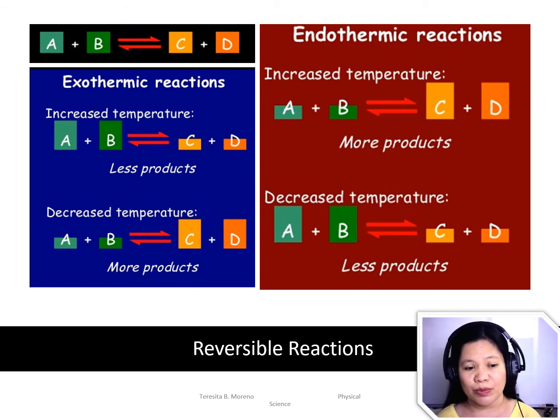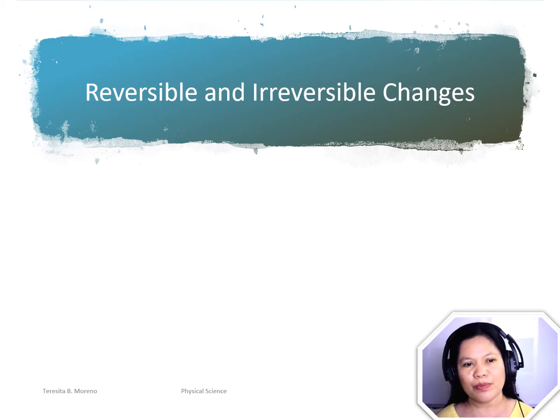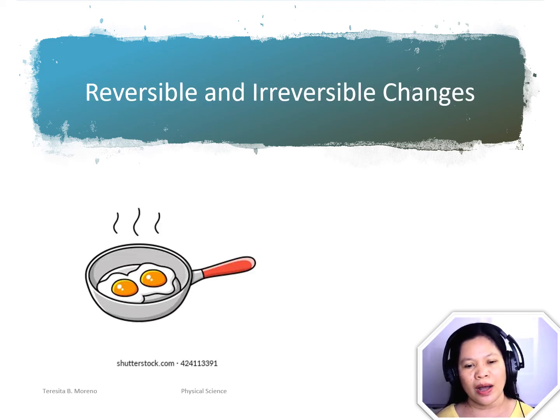Decreasing the temperature, less product is produced. That is reversible. Okay, example, here. This is a best example. Is this reversible or irreversible? When I say reversible, pwede mong ibalik, pwedeng ibalik ang dati. Okay. But if it is irreversible, you could not return it to its original formation.